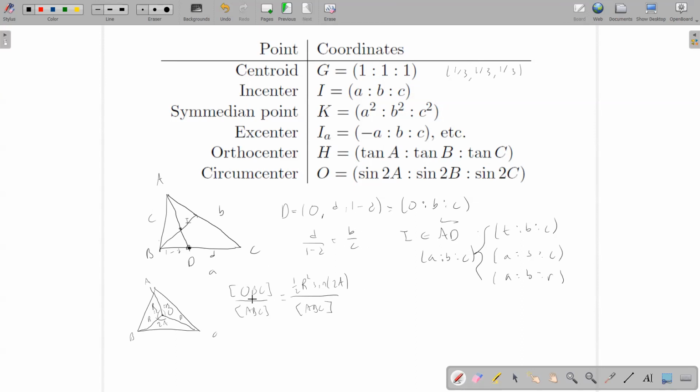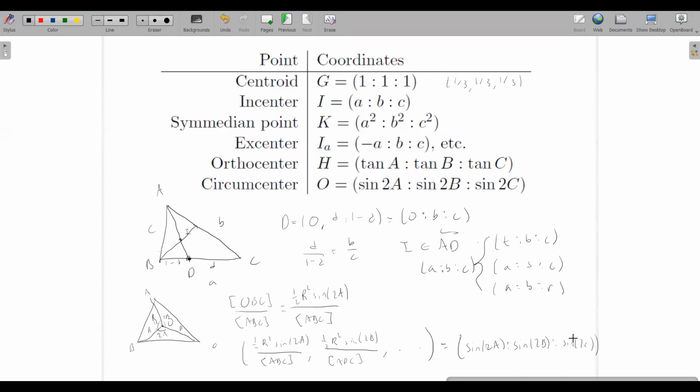And similarly for the others. So you'll get 1/2 R squared sine 2A over ABC, comma, 1/2 R squared sine 2B over ABC, etc. Then we can just homogenize this by multiplying by ABC over 1/2 R squared to get sine 2A, sine 2B, sine 2C. And this is much nicer.